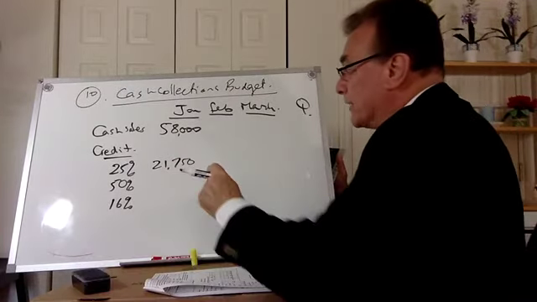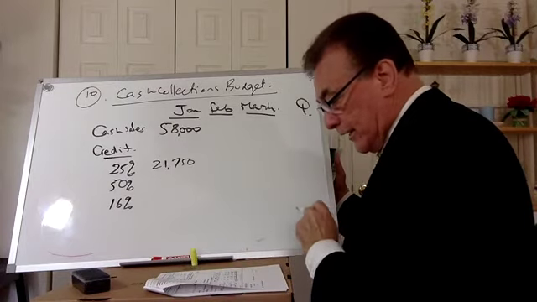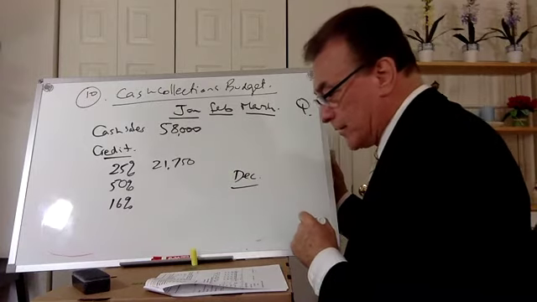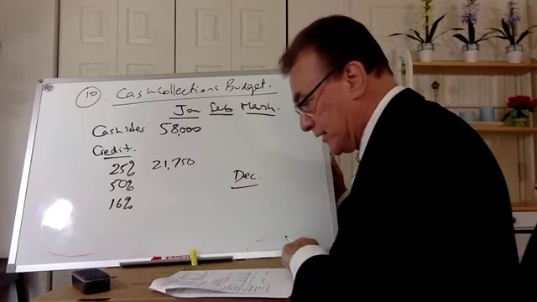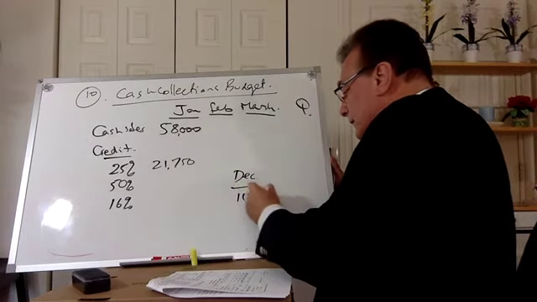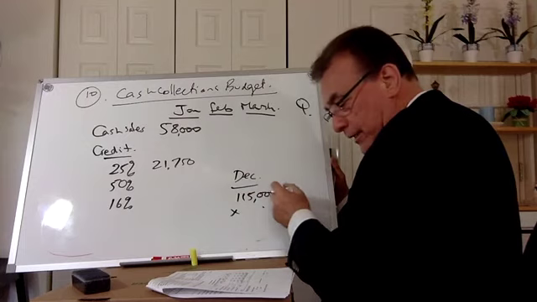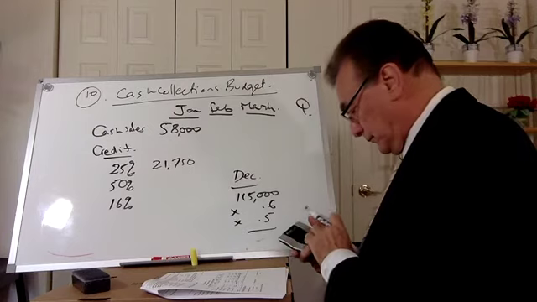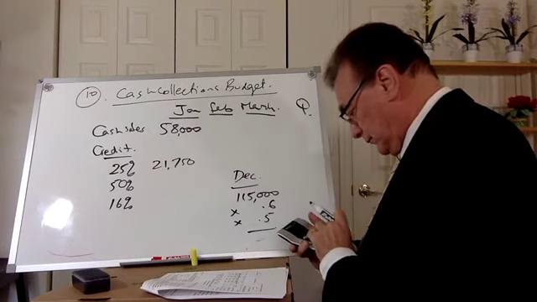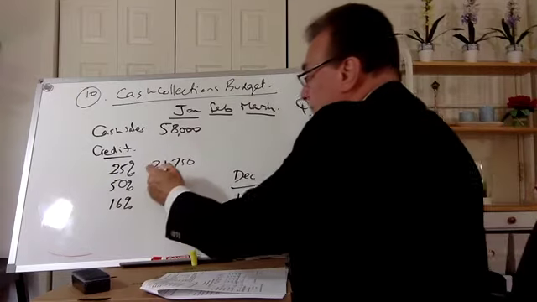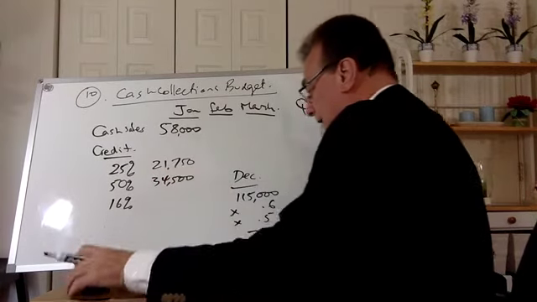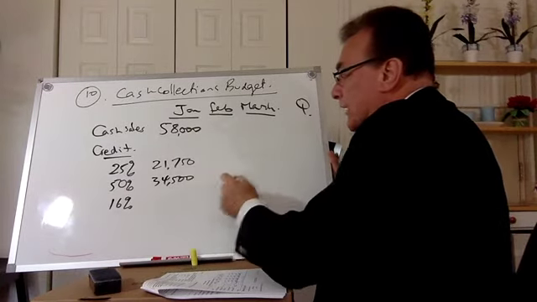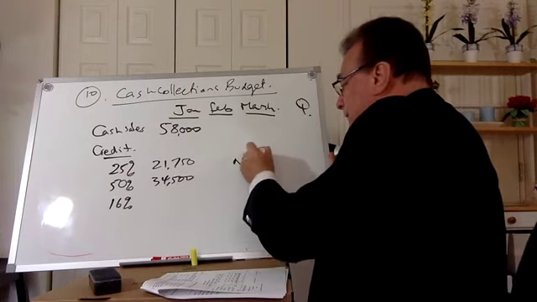Now in January, the month after, you're going back to your December sales. So you're going to collect 50% from December sales, and it tells you that your December sales were 115,000 multiplied by the 0.6 multiplied by the 0.5, which is 34,500. And then for your January cash collections 2 months after, that's from November.